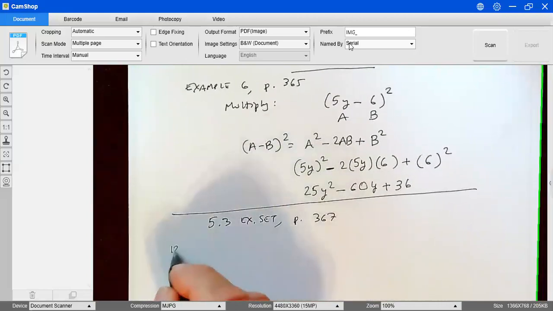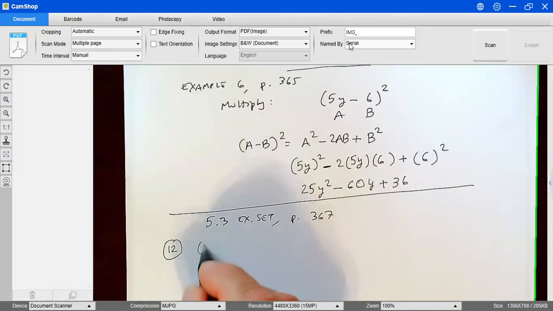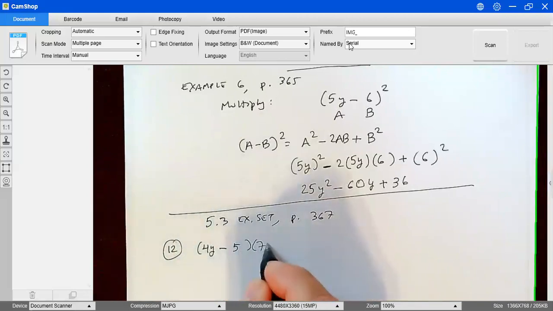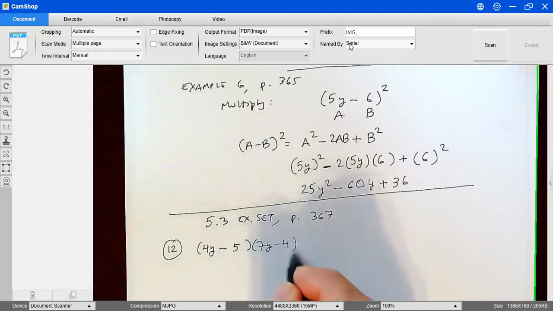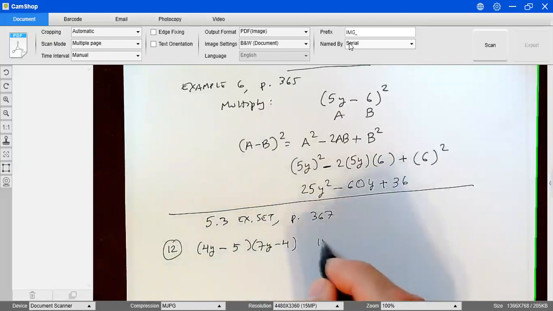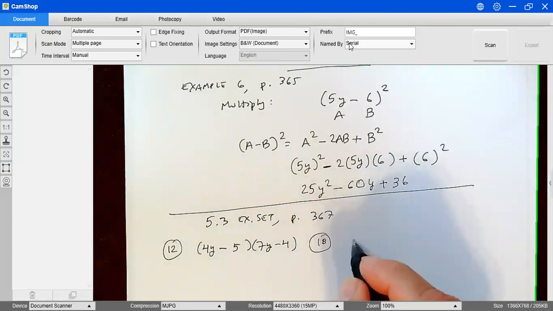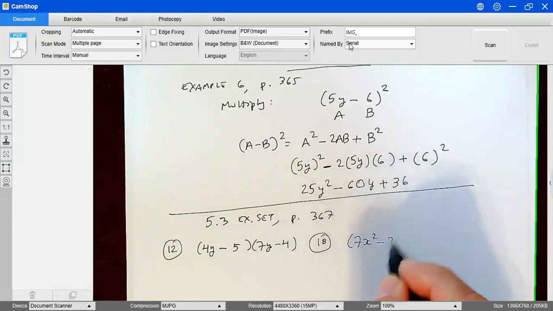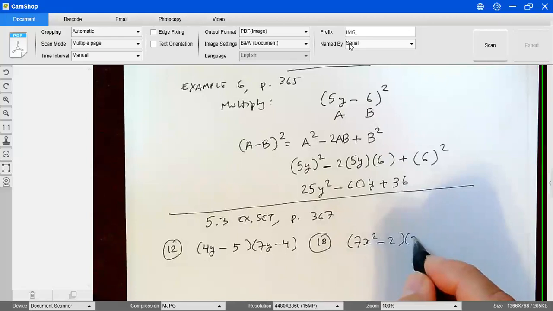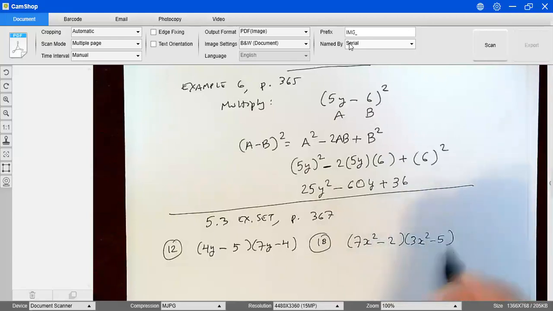So we have problem 12, which is (4y - 5)(7y - 4). Then problem 18 is (7x squared - 2)(3x squared - 5).